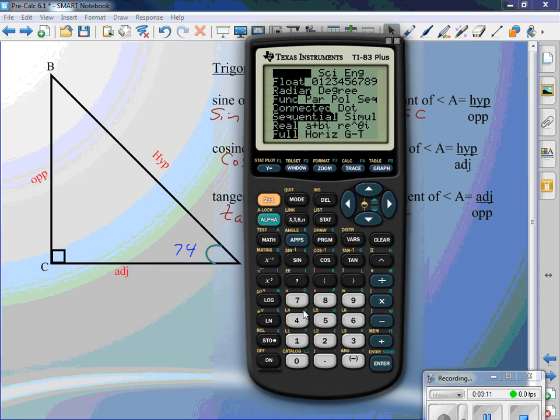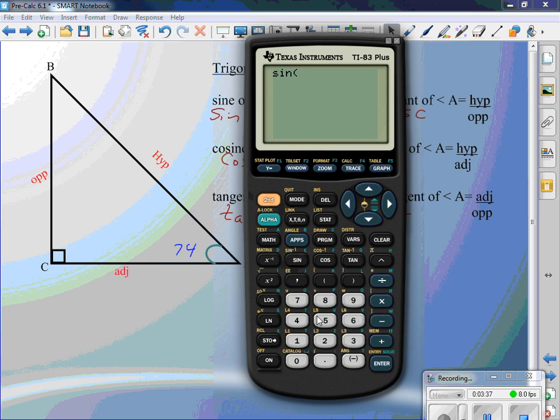First thing, in mode. Right now, we're talking about degrees, not radians. So you have to go into your calculator right now and change radian to degree. In this lesson, we're talking about degrees.